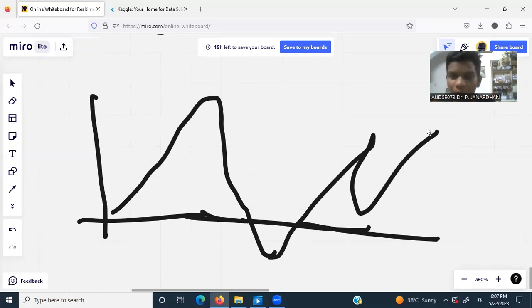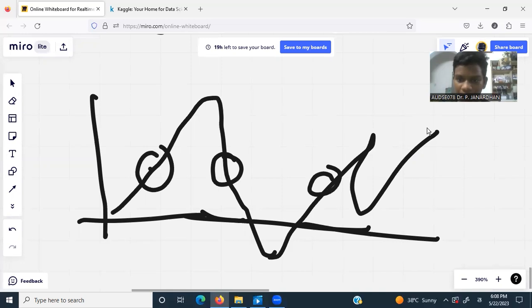What I want to tell you is that there is a periodic increase or decrease in the stock prices. For example, let's say there is one point here, and I'll mark the same points here. Let's say all these have the same y values, right?